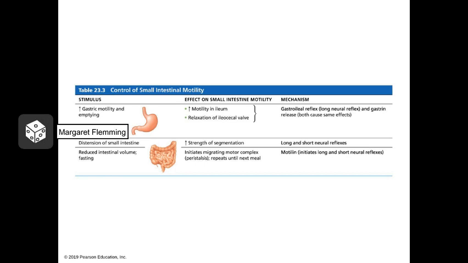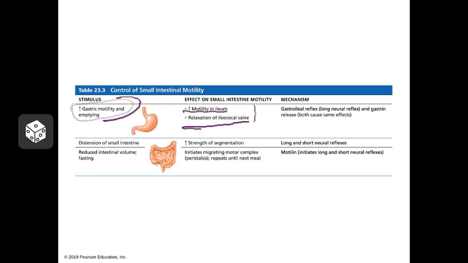This is a really good table that just simplifies the control of small intestine motility. In other words, how would we speed it up and how would we slow it down? Well, if you increase gastric motility and emptying into the small intestine, that increases motility in the ileum and relaxes the ileocecal valve.